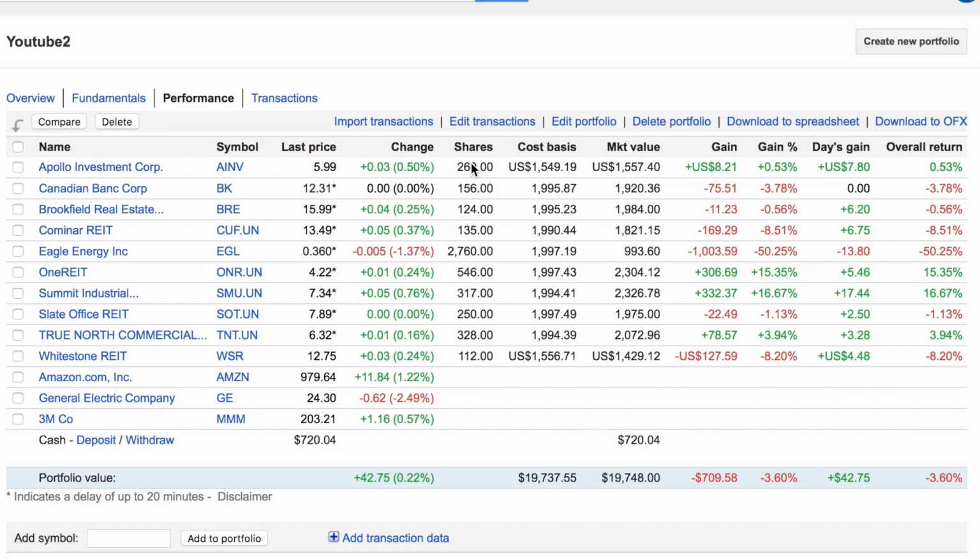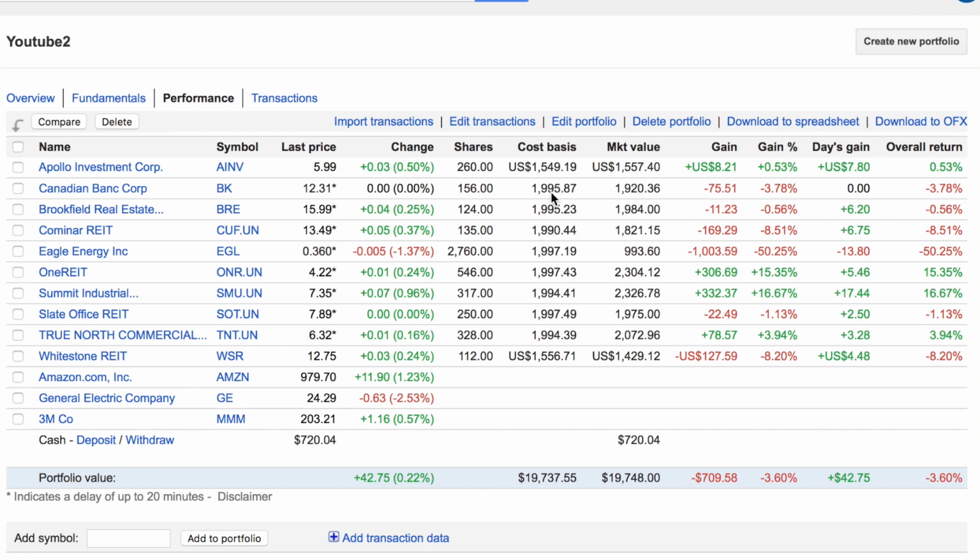So going down, if we look at Canadian Bank Corp, you can see that there's been zero change. So there's 0 days gain. But since we purchased it, this market value has actually dropped. So Canadian Bank Corp is today trading at $12.31. We originally bought 156 shares and we paid more money than that.